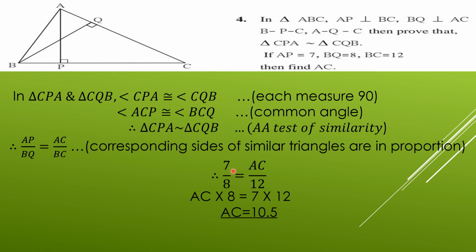Then writing the values, 7 by 8 is equal to AC upon 12. Then by cross multiplying, we get AC into 8 is equal to 7 into 12, and therefore AC is equal to 10.5. The value of AC we have got is 10.5.